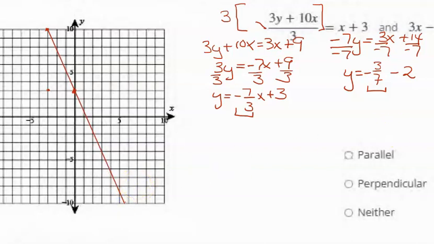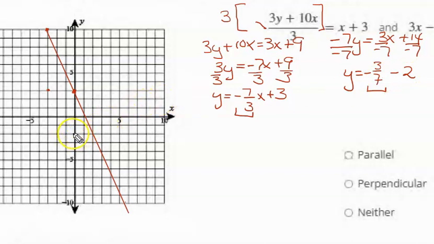Oh, I moved it a little bit here. Let's do that one again. There we go. Beautiful. Now I'll do the next one in black. Now this is a -3/7 at -2.